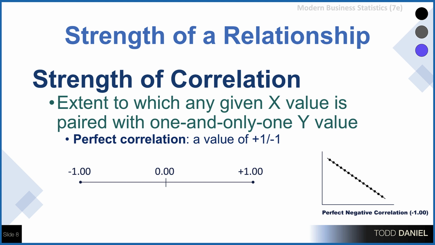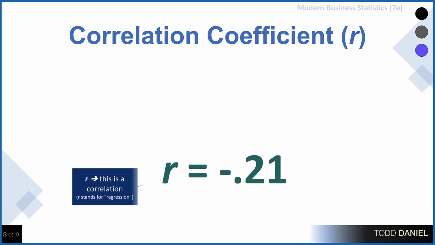When a correlation does not exist, or the correlation is 0, then the relationship between those two variables is non-existent. Therefore, correlations close to 0 are weak, and they become stronger as they approach either +1 or -1.